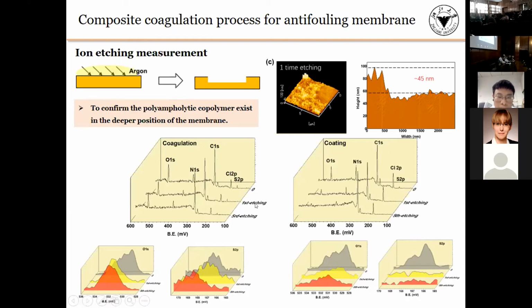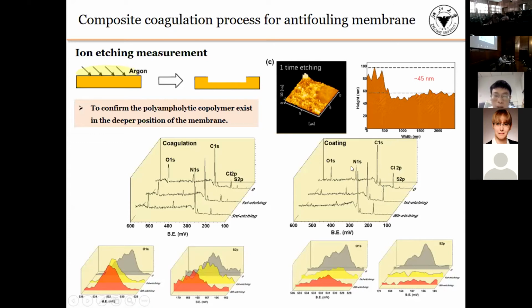Even if we peel 1 or 5 times, the membranes show very similar compositions, but for the membrane made by the coating method, even after 1 time, we find the surface composition changed greatly.